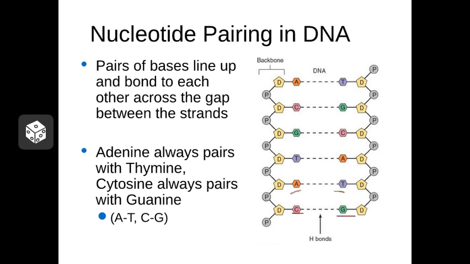The rule is called Chargaff's rule, but we say A with T, C with G. They always pair up in the same pattern. We say that the two sides of the DNA helix are complementary to each other. In other words, they are not identical, but they match up in a specific predictable pattern. They complement one another.